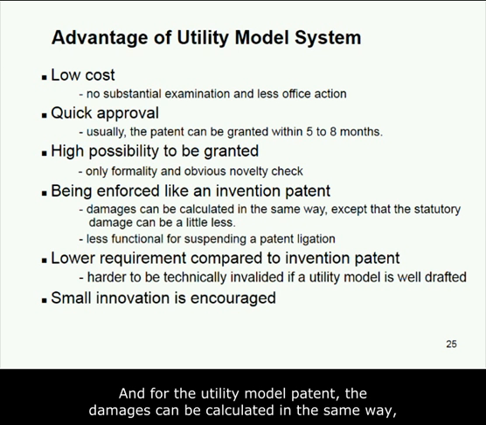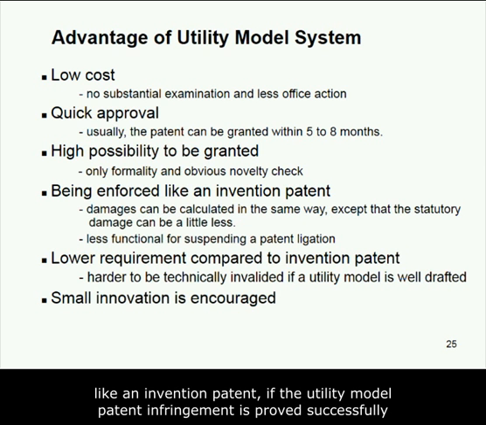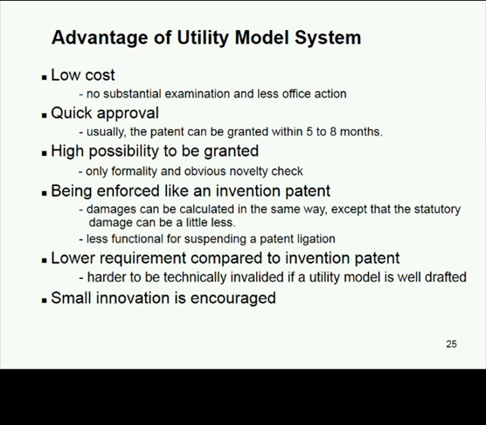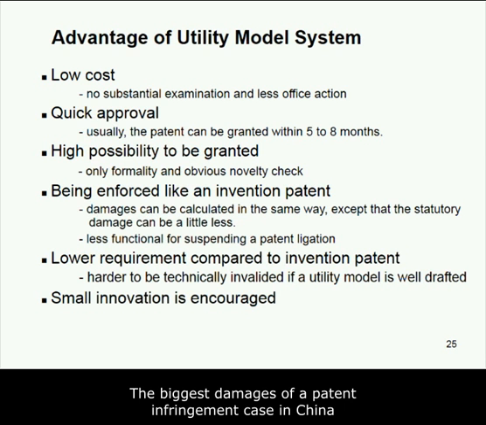And for the utility model patent, the damages can be calculated in the same way as an invention patent, if the utility model patent infringement is approved successfully before the court. The biggest damages of a patent infringement case in China in history are related to one utility model patent.